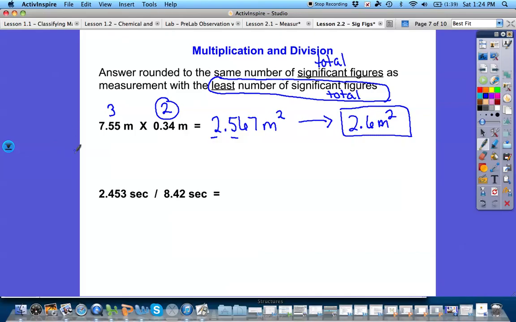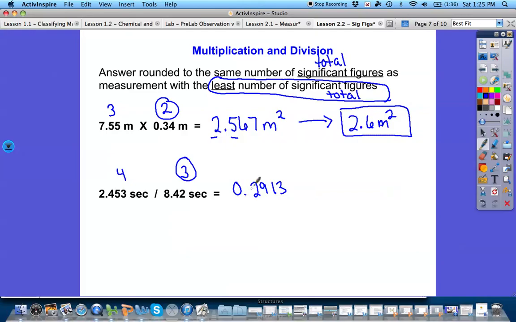And then in our last example, it says 2.453 seconds divided by 8.42 seconds. We have 1, 2, 3, 4 sig figs in our first number, and 1, 2, 3 sig figs in our second number. So our final answer is going to need to have 3 sig figs. So 2.453 divided by 8.42 is going to give us 0.2913, and it keeps going.